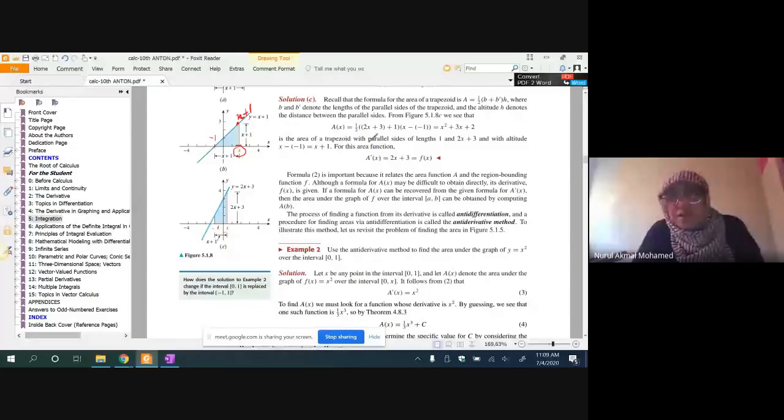Why do we have here plus 1? Here it is -1. -1 multiplied with 2, you get -2. -2 plus 3, it will be 1. So the height for this part here is equal to 1. So that's why you have 2x plus 3, which is this one, plus the height of this part here, which is 1.